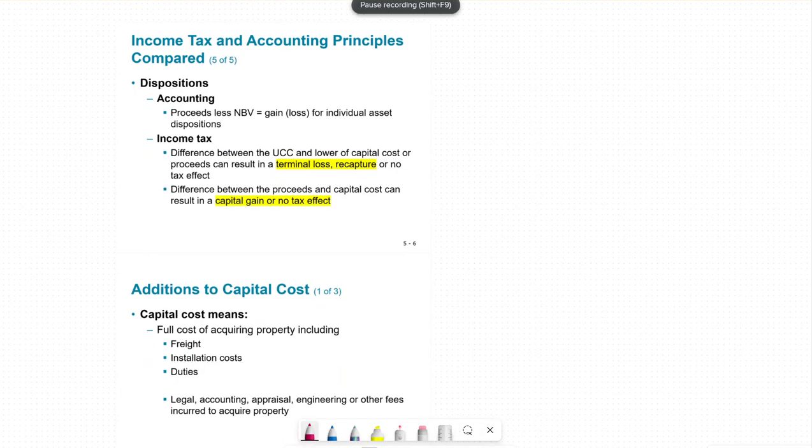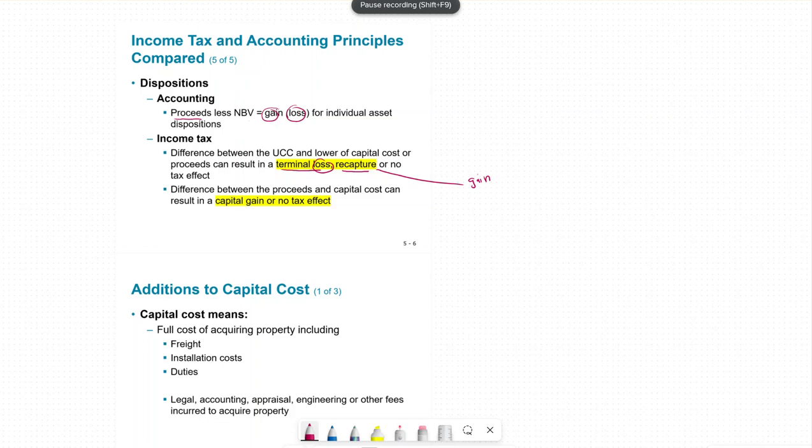Now I already did this. If you have proceeds less net book value, you could have a gain or a loss. Now under the income tax, we call them a recapture or a terminal loss. If you have a gain, we call it recapture. If you have a loss, we call it terminal loss. In a class we can have a pool of assets.